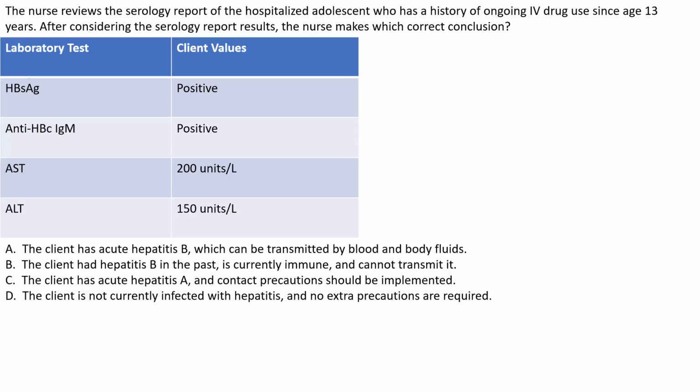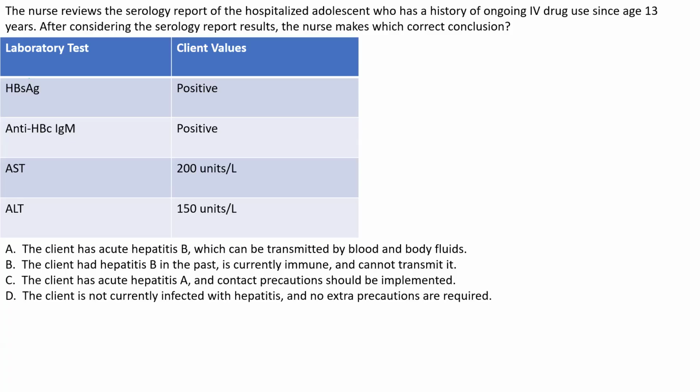The elevated ALT and AST indicate liver cell injury and acute infection. The liver enzymes are ALT, AST, alkaline phosphatase, and bilirubin. I'm pretty sure that if you look at the bilirubin and the alkaline phosphatase, they will also be elevated.